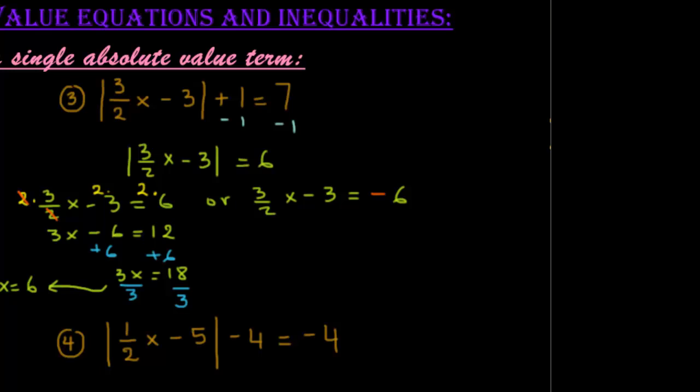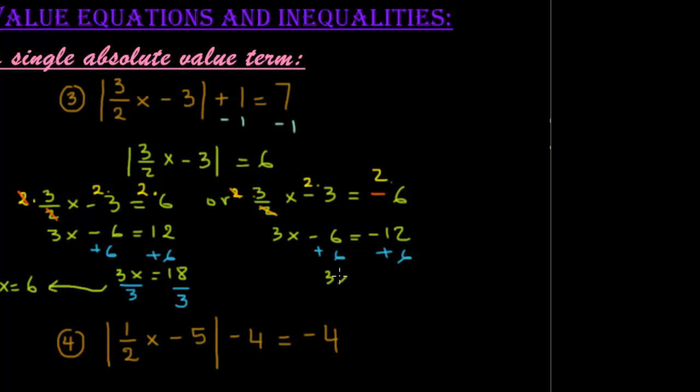Okay, now we do the same on the right side. LCD is 2, multiply every single term by 2. So 2 goes into 2 one time, and 1 times 3 gives me 3x. 3x minus 6 equal to negative 12. We add 6 on both sides to isolate the x.